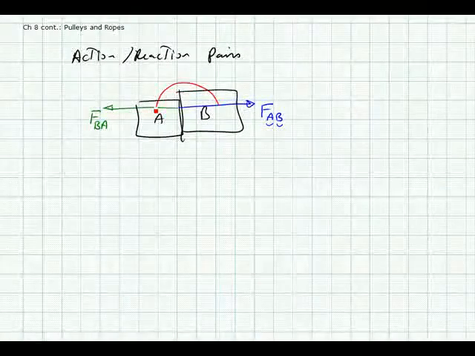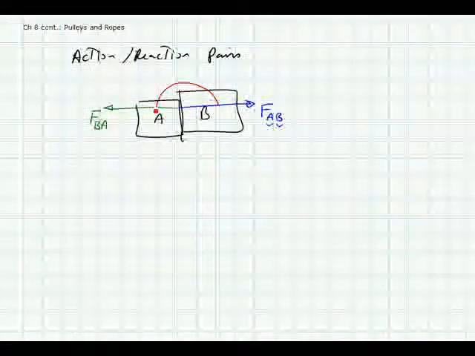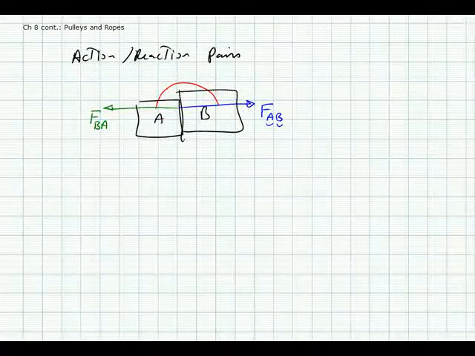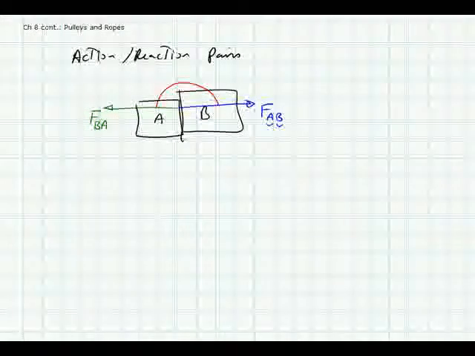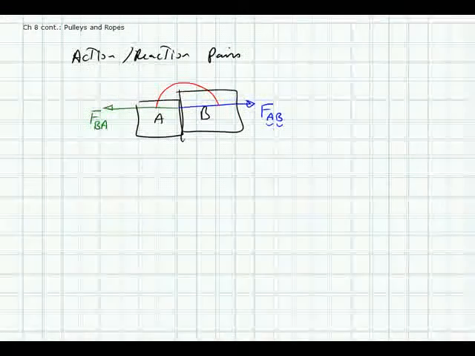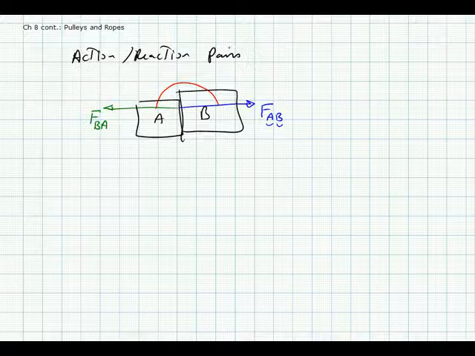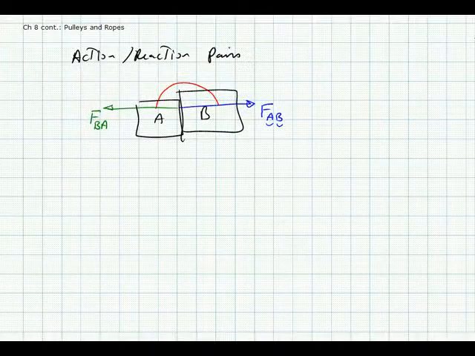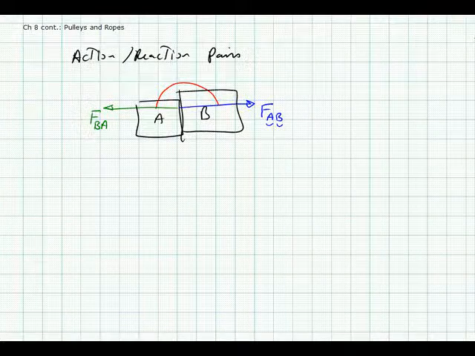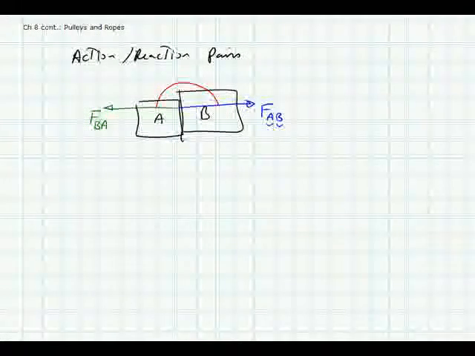We also discussed that action-reaction pairs never act on the same object, so you have to be careful when you do your free body diagram for system A or system B. Make sure that the action-reaction pairs never exist on the same free body diagram for one object. They always occur on different free body diagrams.